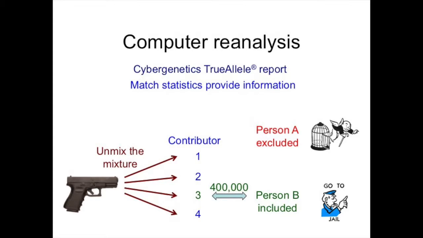However, another person, person B, did have a barcode that was similar. His DNA was similar to one of the contributors, in this case, the 3rd contributor. That match statistic was 400,000, which has 5 zeros after the one, about 500,000. And that person was shown to be present on the handgun, and he pled guilty.